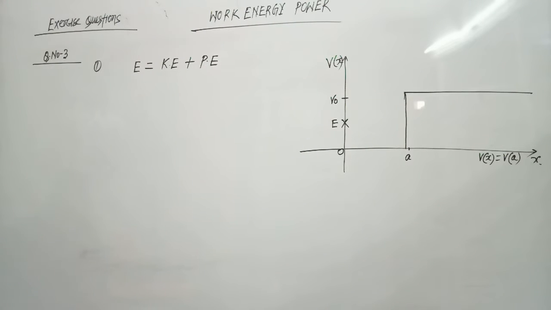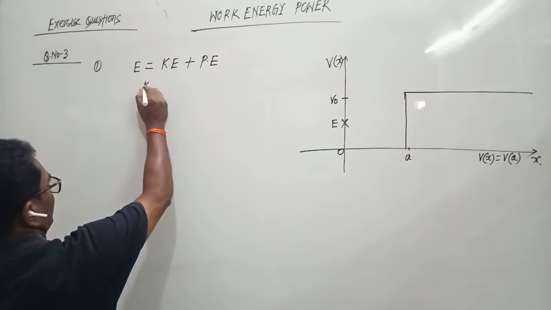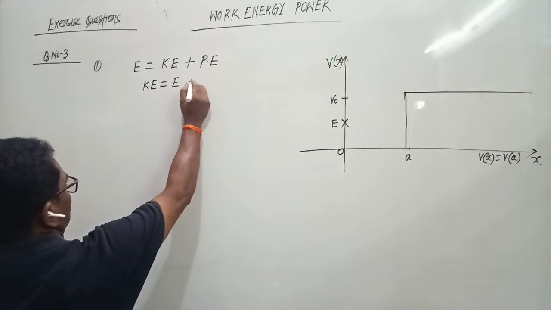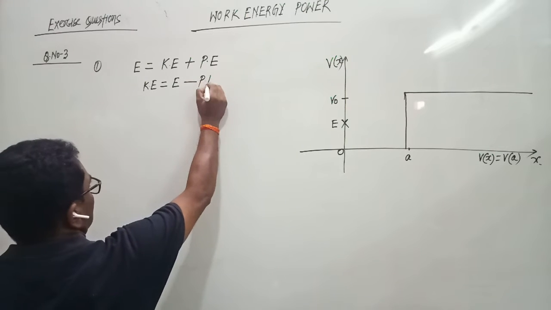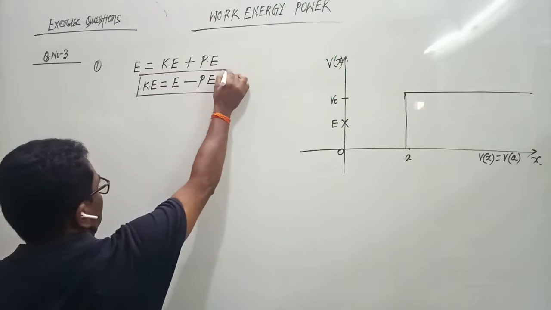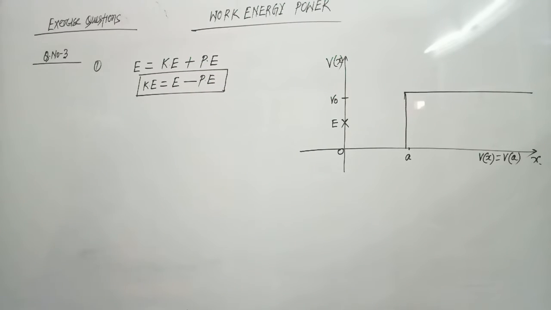Therefore, kinetic energy is given by total energy E minus potential energy.